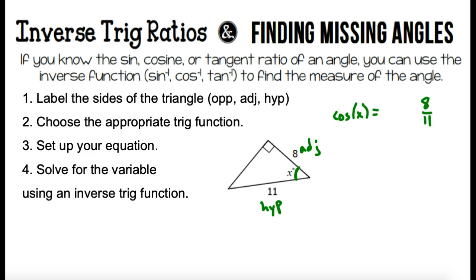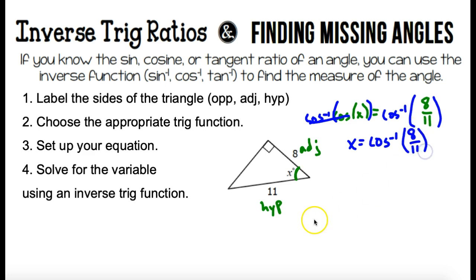So now, to get x by itself, I'm going to take the inverse cosine of both sides. So these cancel out, and we just get x equals inverse cosine of 8 over 11.